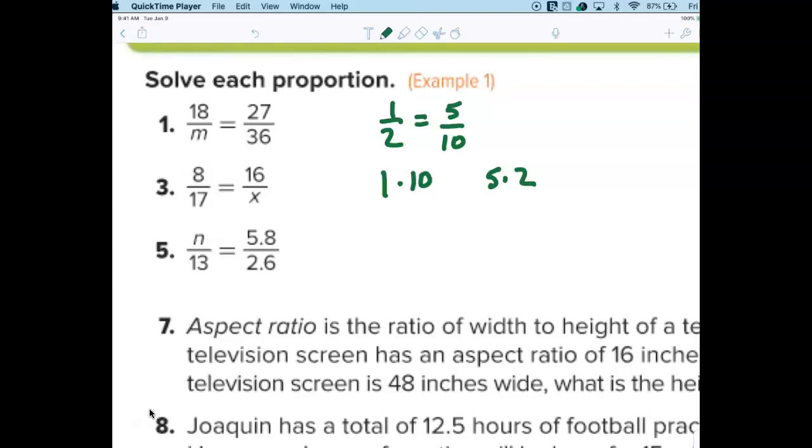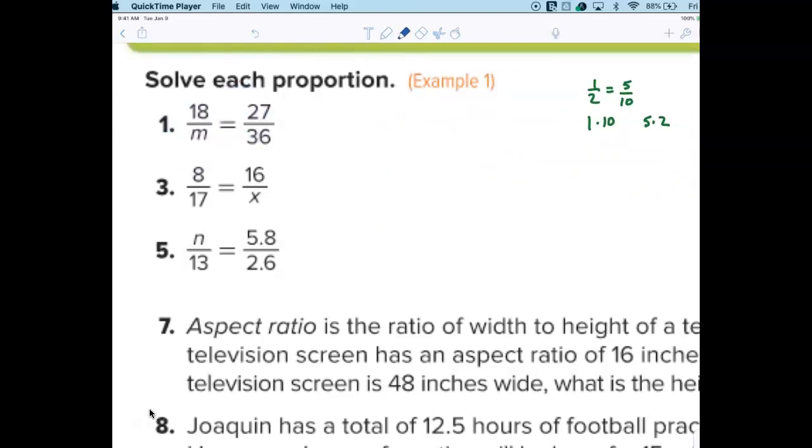So that's why, if we know that these two things are equal, that means now when I multiply m times 27, which by the way is what? 27m, it will equal what? 18 times 36.